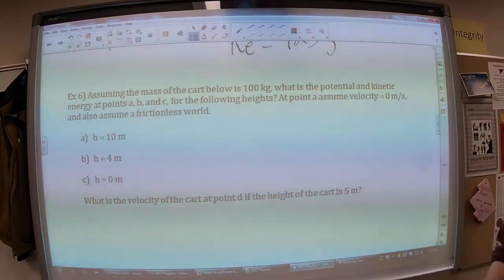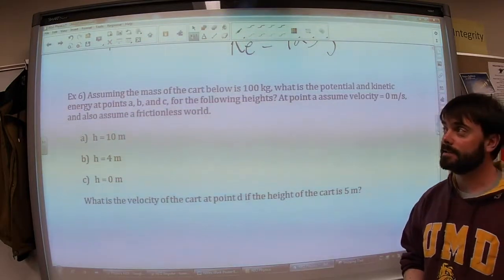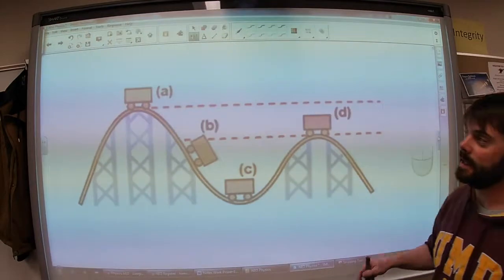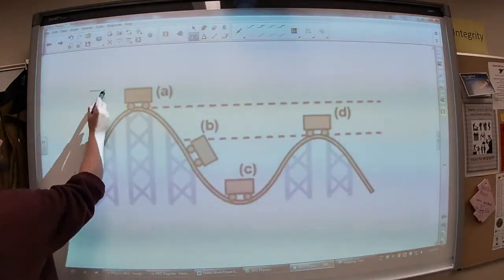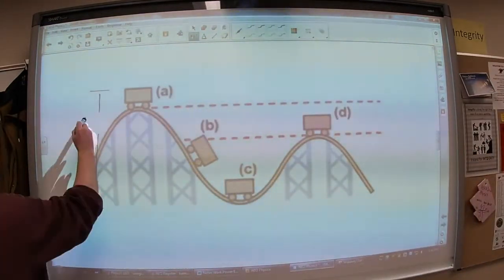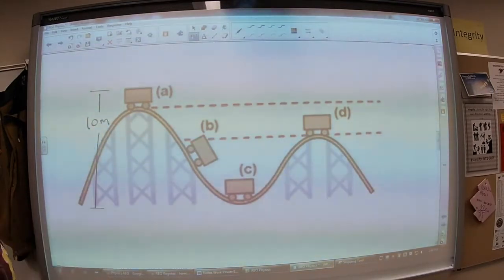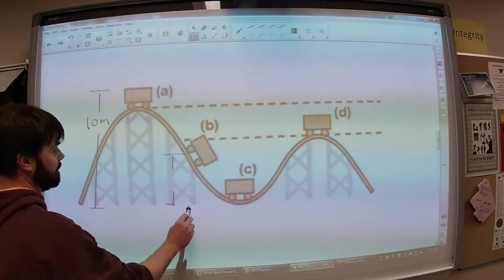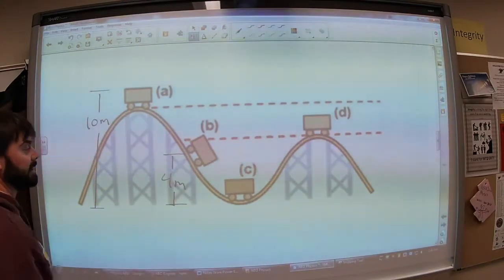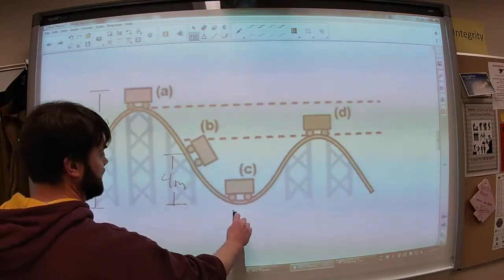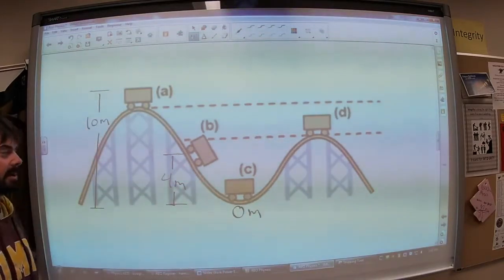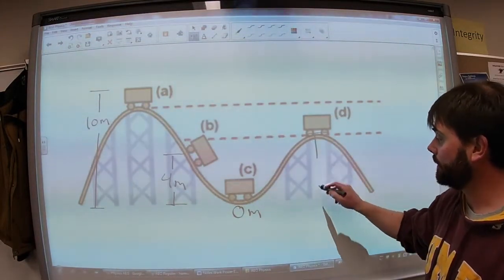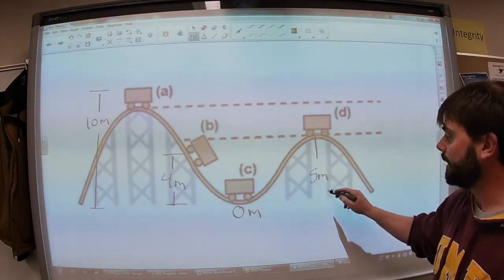So first analogy is saying that the cart is at the top, the highest hill, and this is going to be at a height of 10 meters. So when I look at it here, if I measured from here down to here, we'd be saying that this is at a height of 10 meters. And in location B, going from basically here down to here, we say that this is at a height of 4 meters, and the cart in position C is as low as we're going to go, which we're going to consider to be 0 meters, and then the location from here down to the bottom here is at a height of 5 meters.